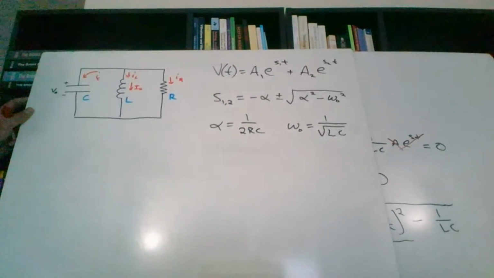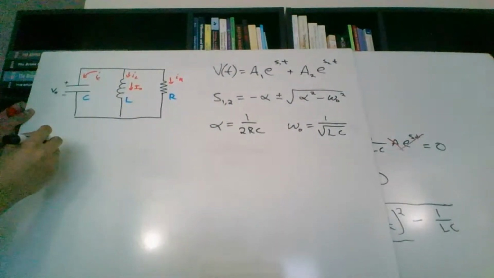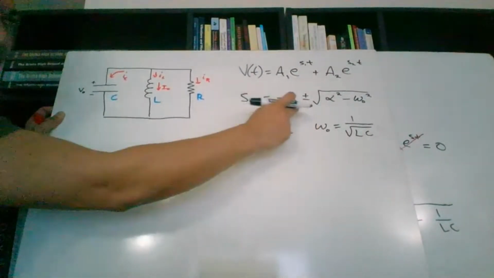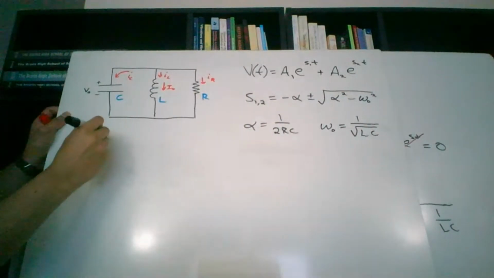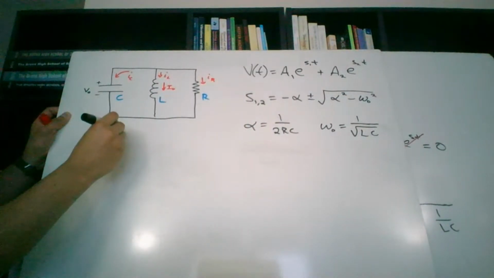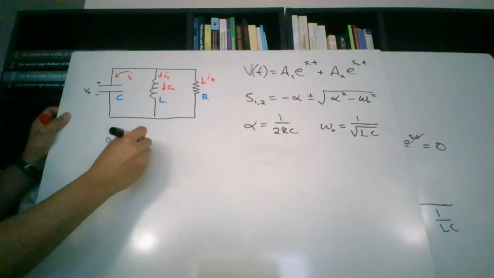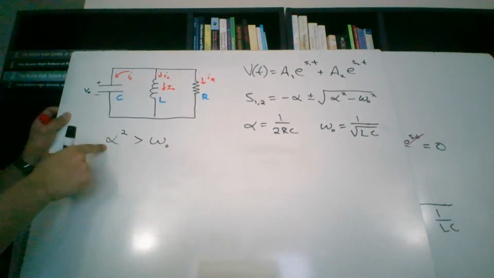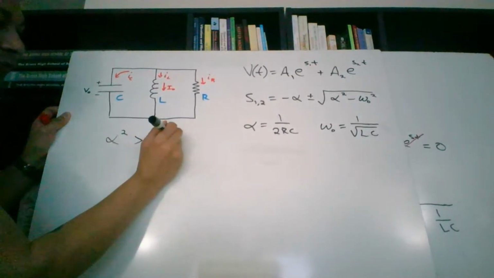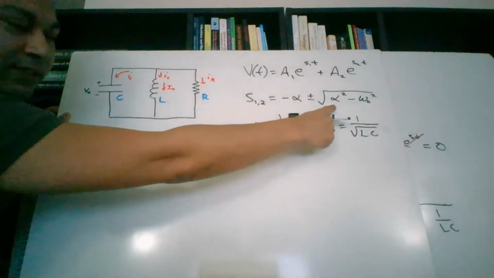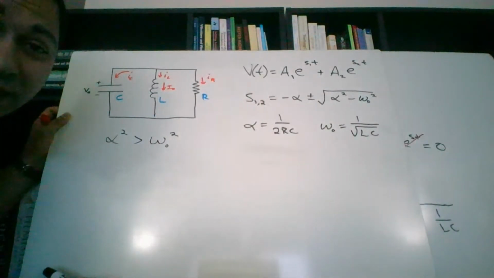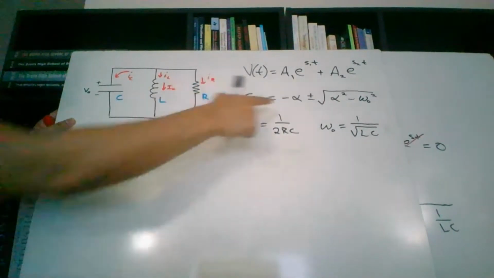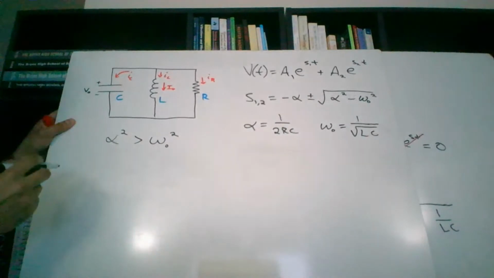We're looking at this term right here. If alpha squared is greater than the natural frequency squared, so if the damping factor is greater than the natural frequency, when you plug in this number minus that number, you're going to get a positive value because this is bigger.